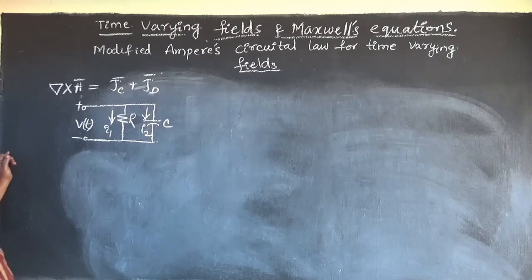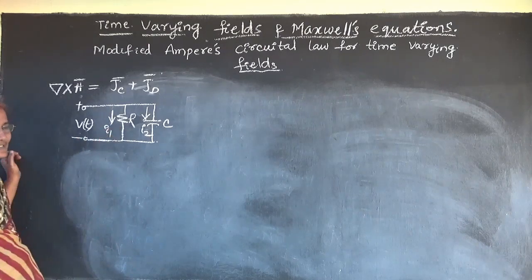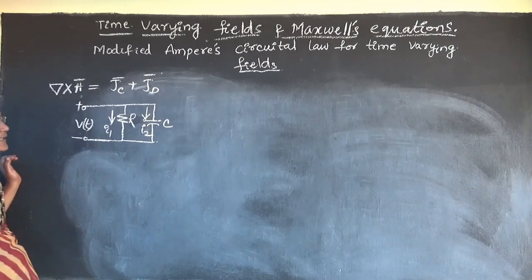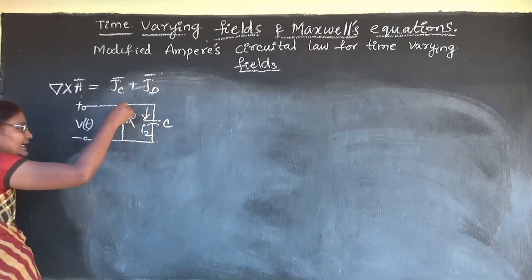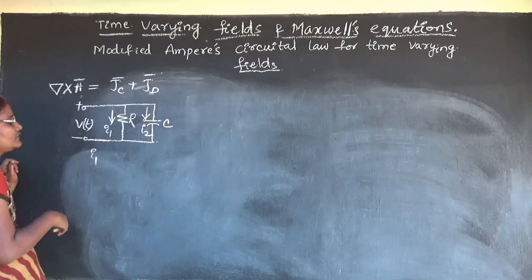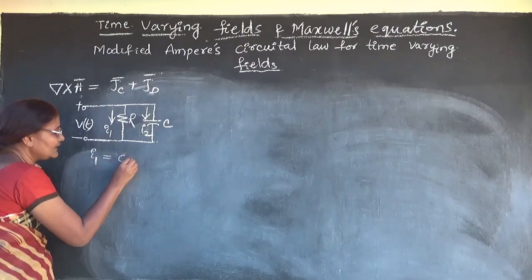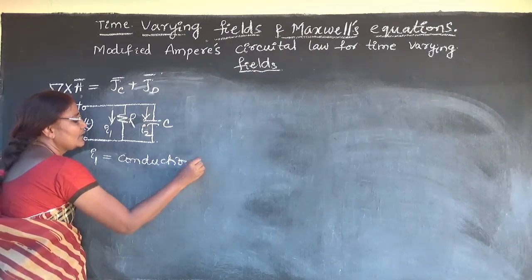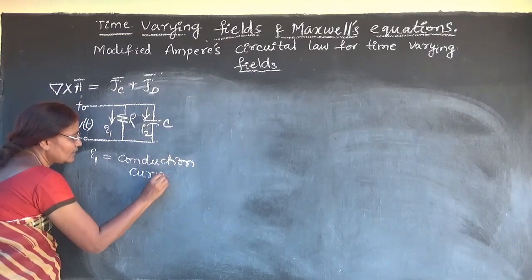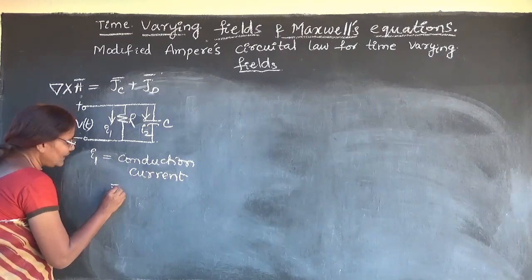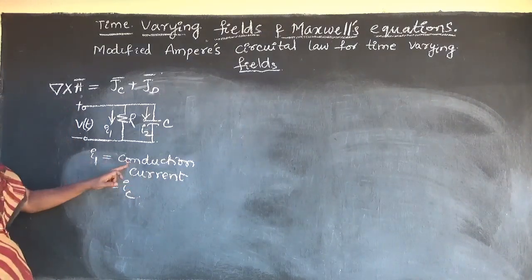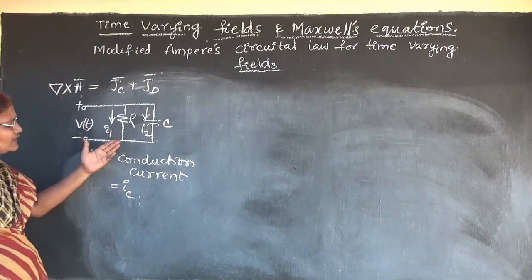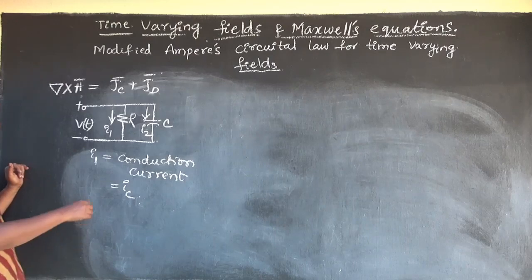Now we know that the resistor will flow the current due to the charges, movement of charges. So the current flowing through the resistor is going to be the conduction current, which is equal to IC, which is due to the movement of charge particles inside the material.